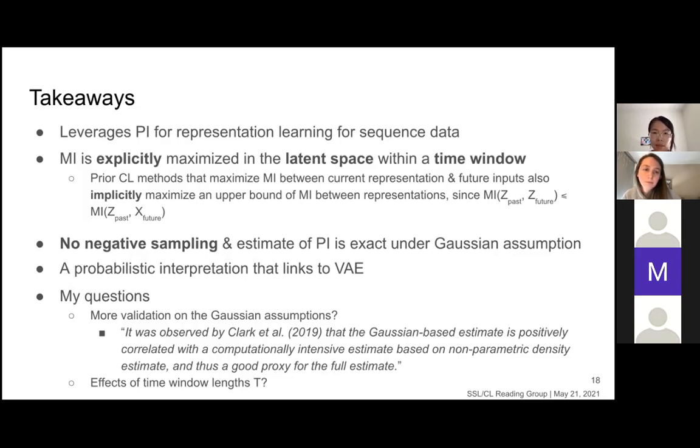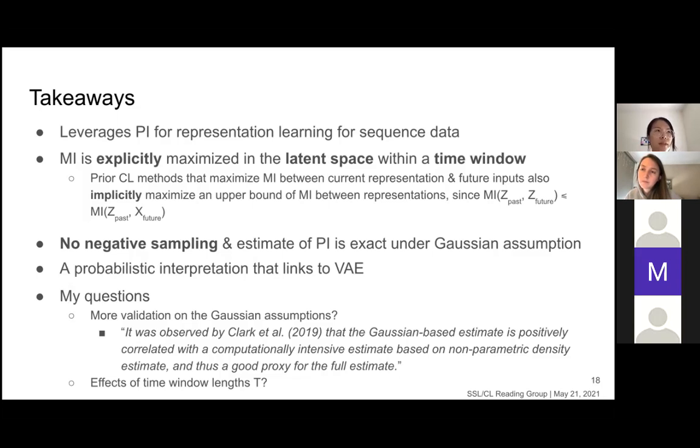Yeah, and another nice thing about this method compared to CPC is that for CPC you still need to think about how you are going to sample negative samples. Yeah, and I believe in the original CPC paper, in their audio experiments, they did ablation studies on different negative sampling methods, for example, sampling from different audio speakers.